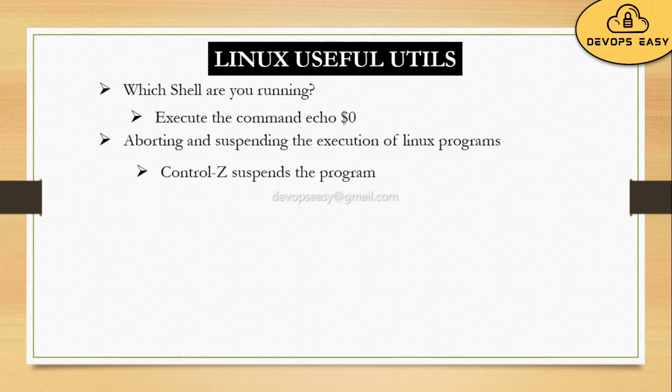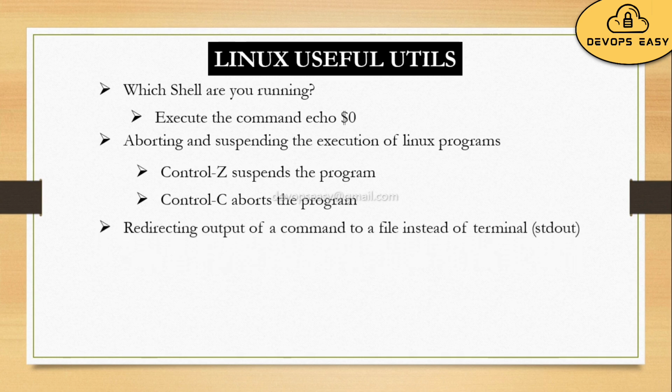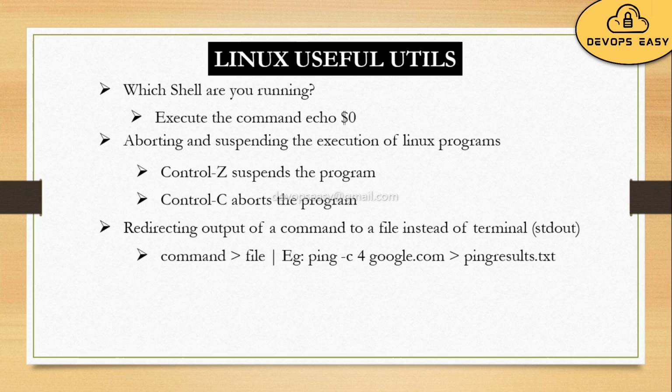And if you want to abort a command while it is running, if you want to stop that command, you can use Control Z. If you want to completely delete that execution, then you can use Control C. Redirecting output is nothing but, whatever output you are getting, if you want to redirect it into a file, you can use this.